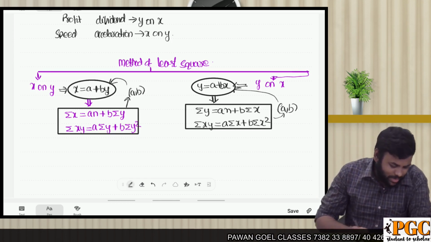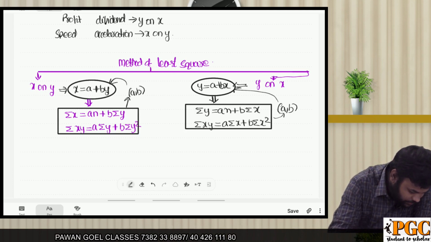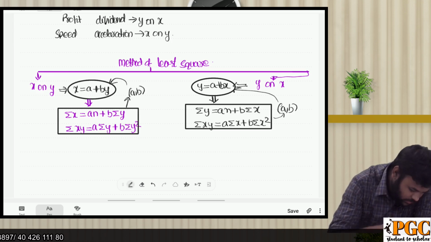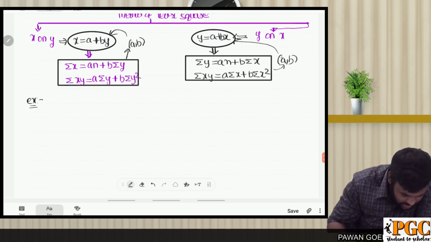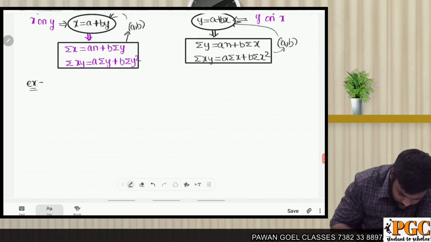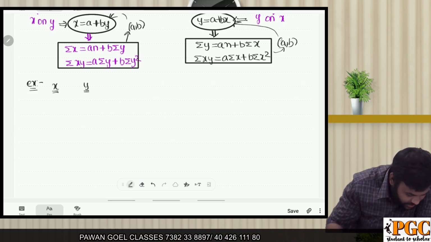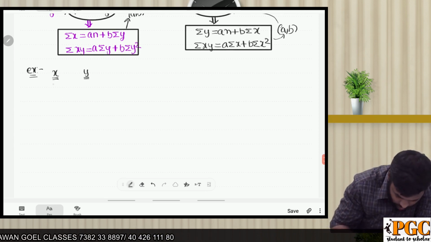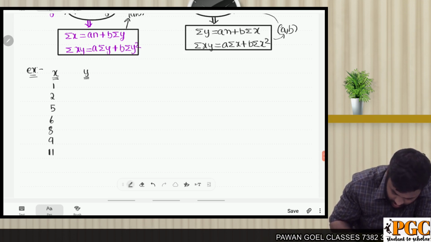Let us do one small basic sum on this so that you can have more clarity regarding this concept. Say for example, my dear friends, I have been given variable x and variable y. Variable x is given as 1, 2, 5, 6, 8, 9 and 11.